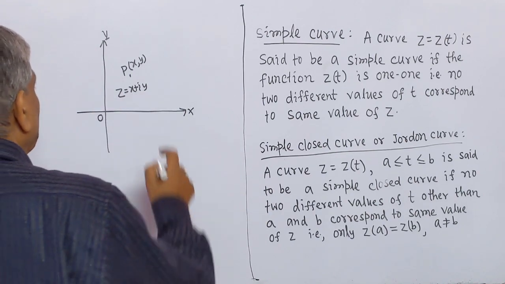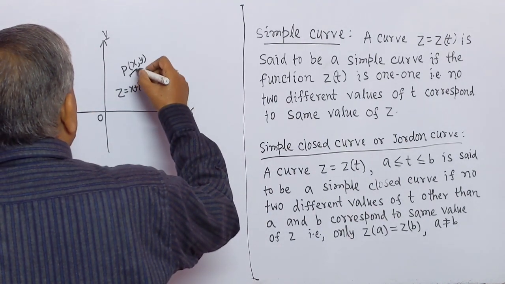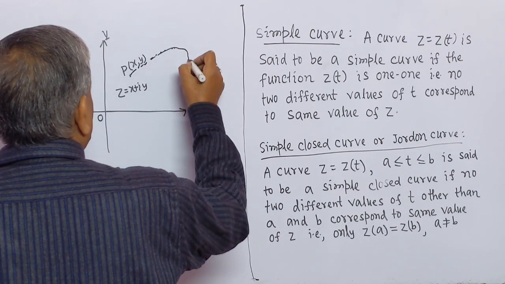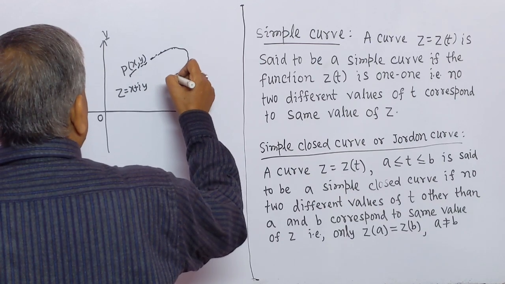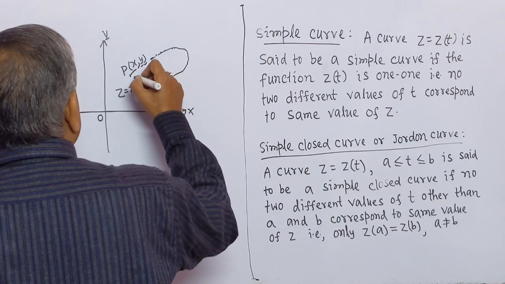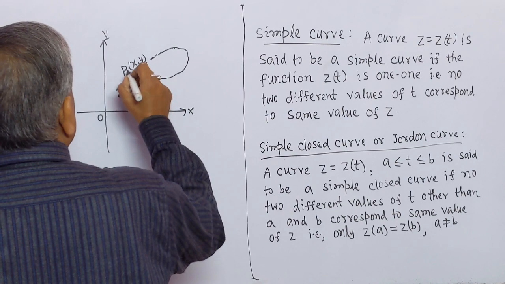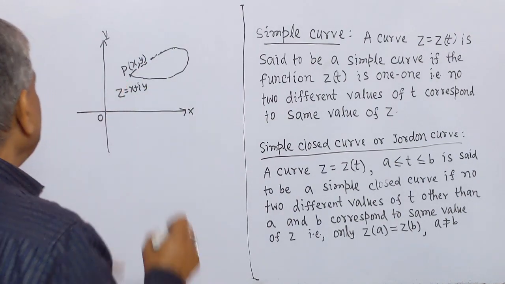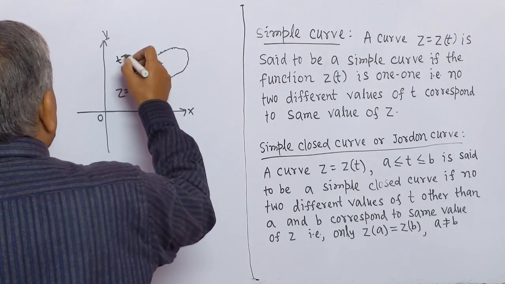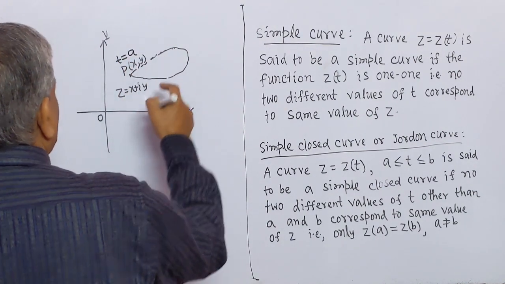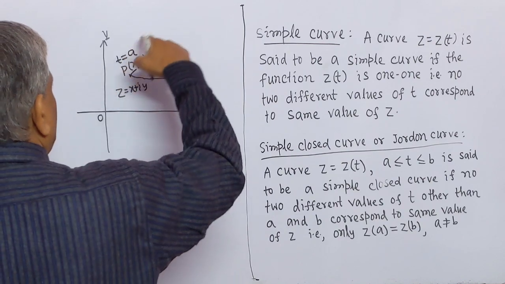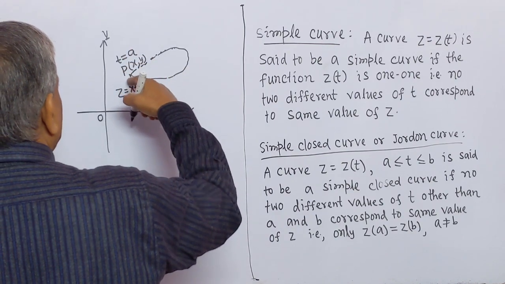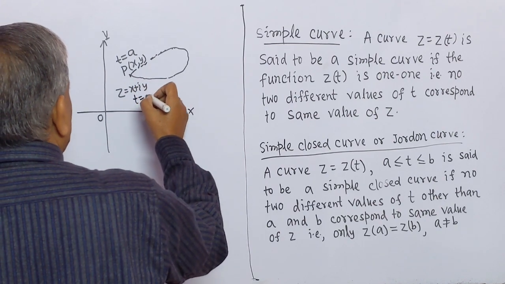If this point moves, that is, time increases, and it comes back again after some time, here P. Let at the starting time t equal to a, and after moving this reaches P, at that time t equal to b.